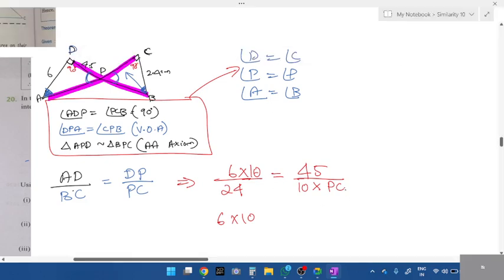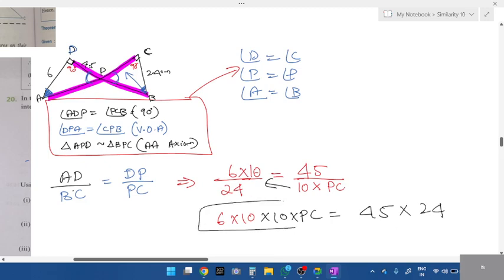Tell me this, Mariana. PC is in numerator or denominator? Whenever it's in denominator, shift it to the numerator. What do you get? 6 into 10 into 10 into PC is equal to 45 into... Now, which one do you have to bring down? 6 into 10 into 10, right? Now reduce it. Tell me.